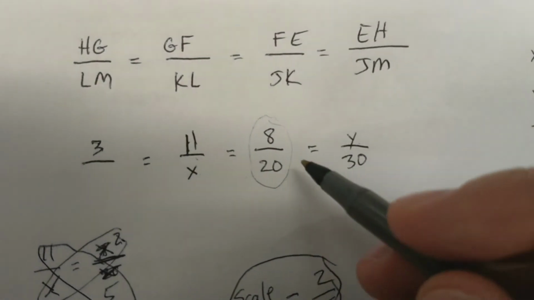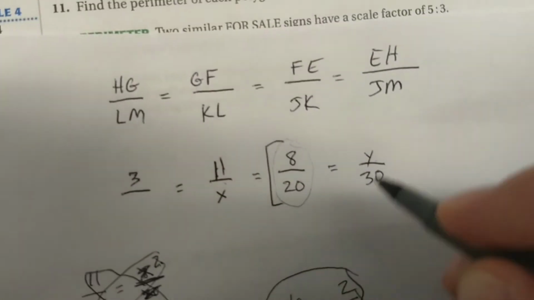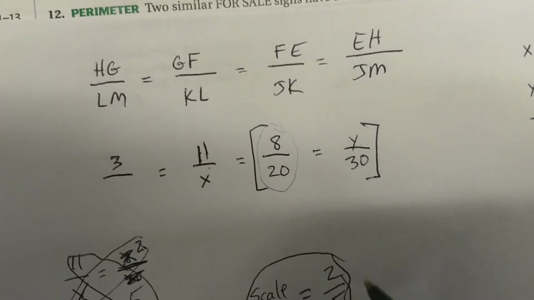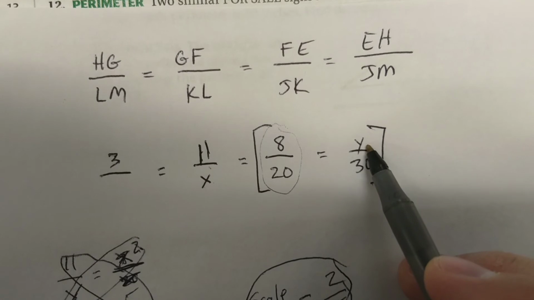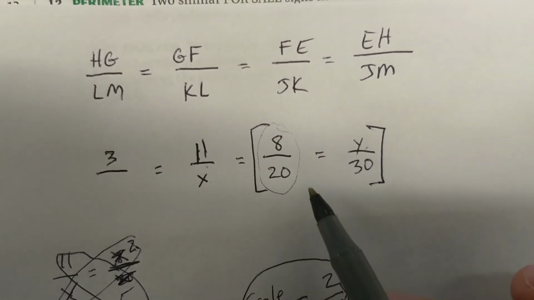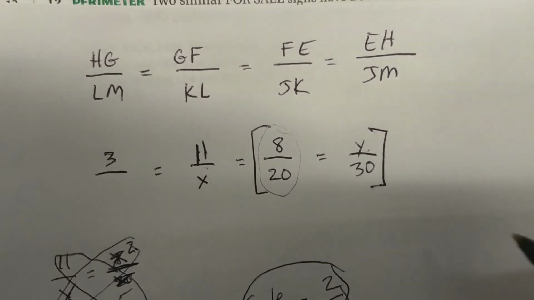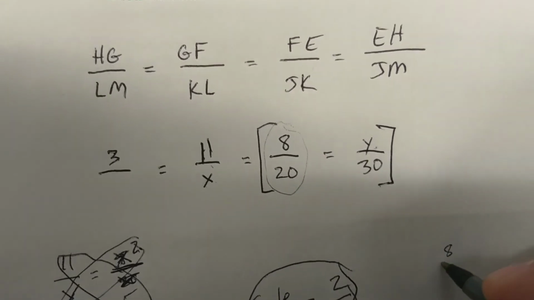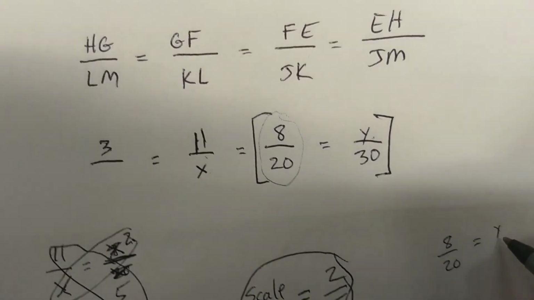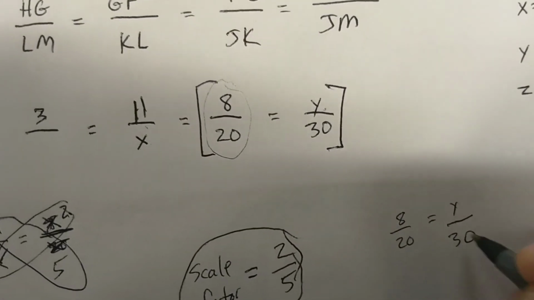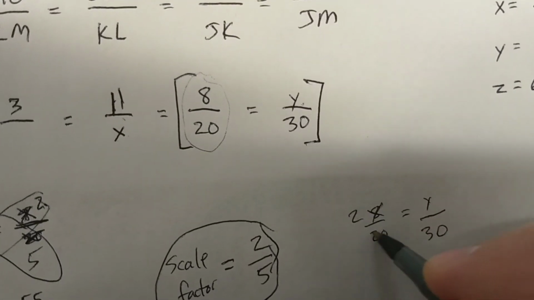We're going to do the exact same thing to solve for y, except this is the ratio we're going to use. The one with the y variable in it, and then the ratio where we actually have all the values. So again, just to rewrite it, 8 over 20 equals y over 30. Let's call this 2/5 to make it easier on ourselves.